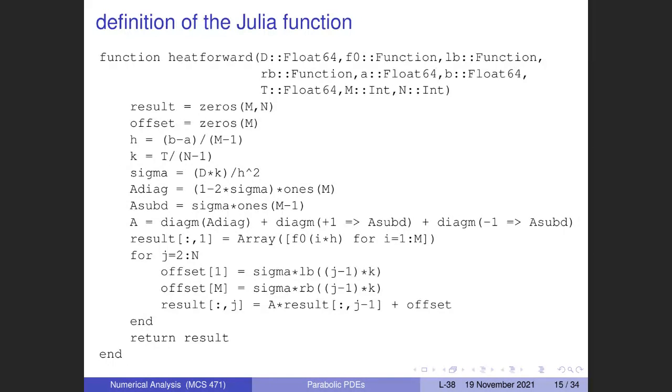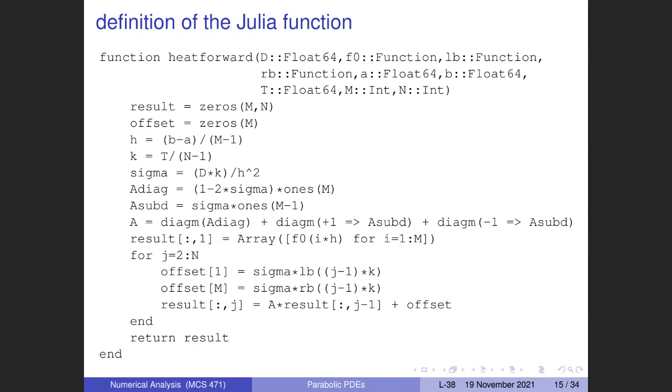Here it is important that we figure out what is H and what is K. So we return an M by N matrix. So the spacing, it's important that the H and the K are well defined with respect to the dimensions.